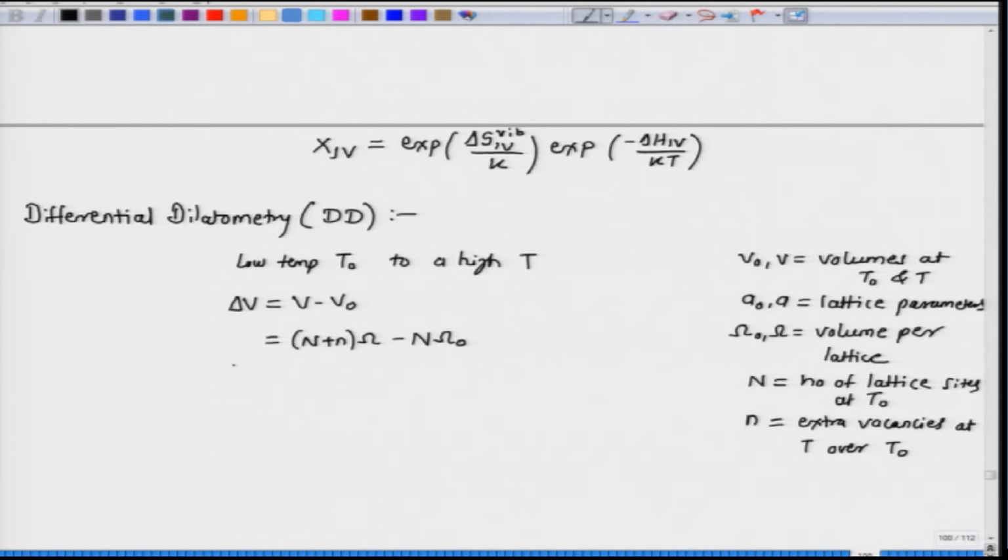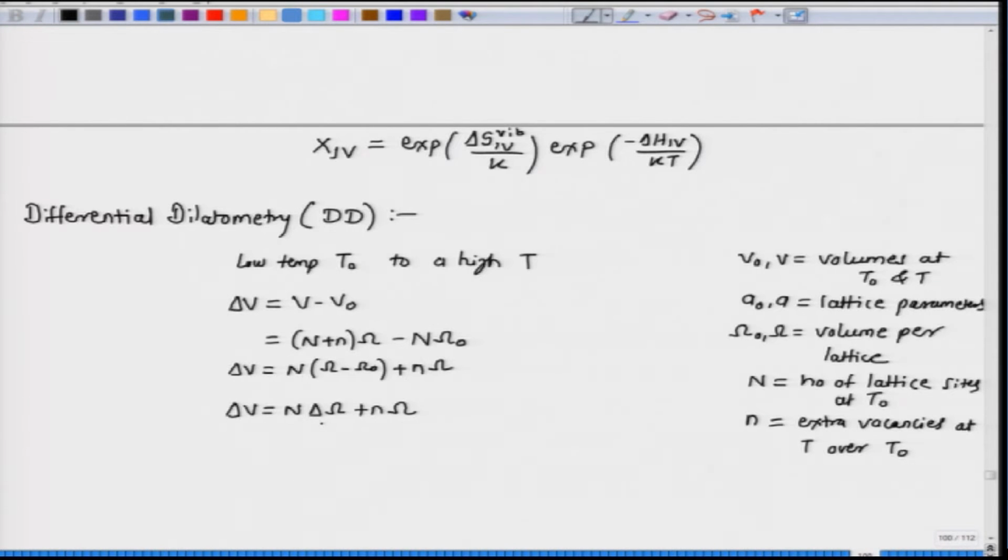If we take this capital N common, we get N times (omega minus omega 0) plus small n times omega. And if we denote this omega minus omega 0 as delta omega, we get delta V equal to N delta omega plus small n times omega. Now, we have clearly got the two different parts.